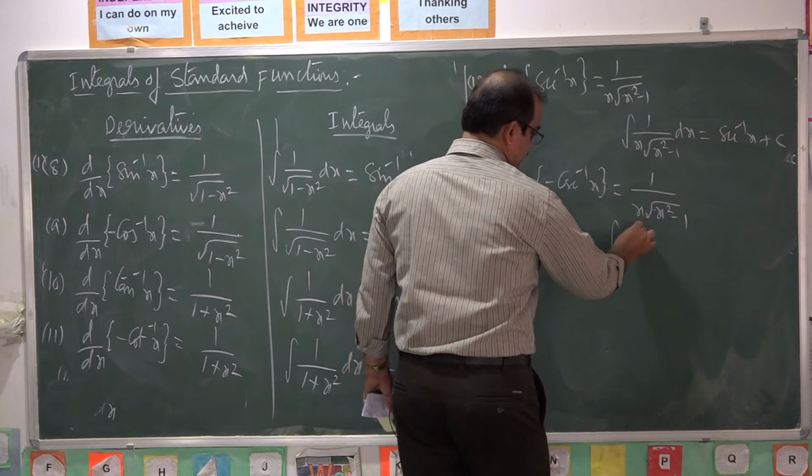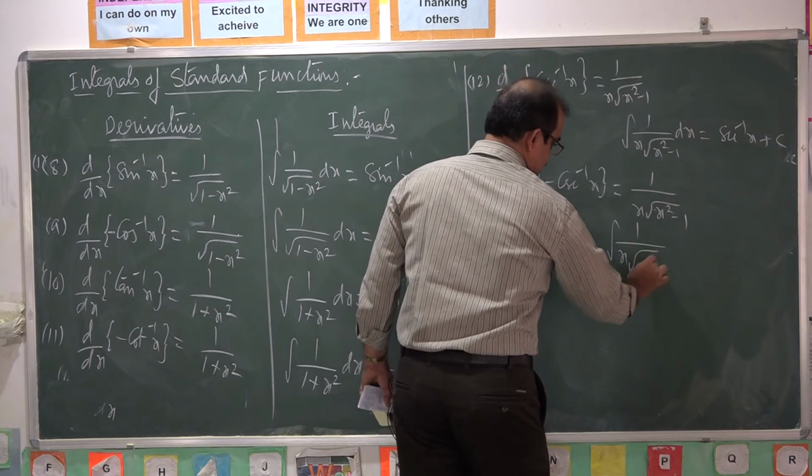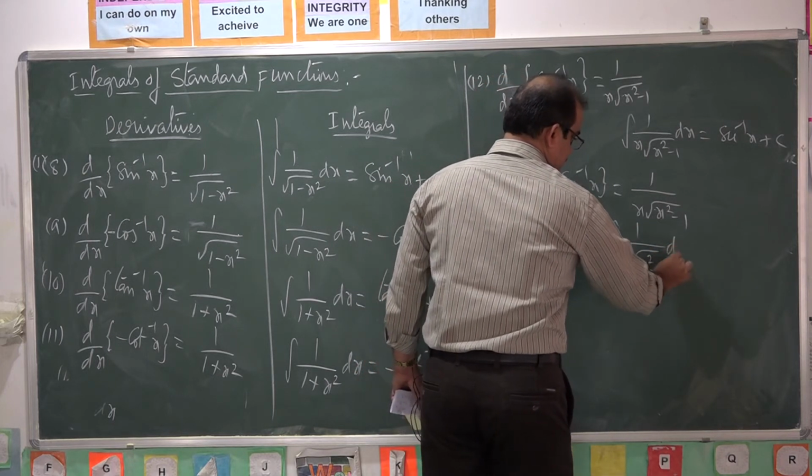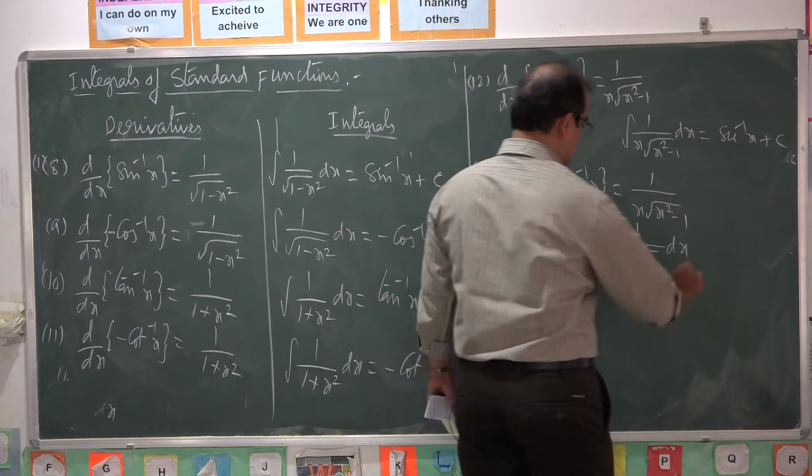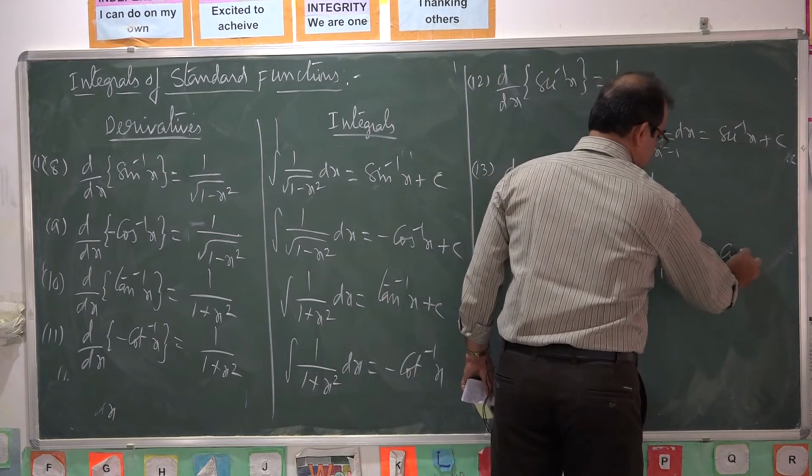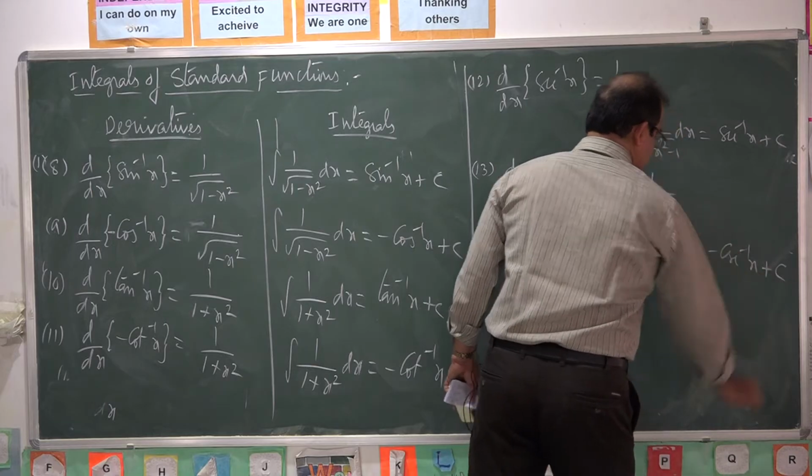In integral, we write 1 by x into root of x square minus 1 dx is equal to minus cosecant inverse x plus c.